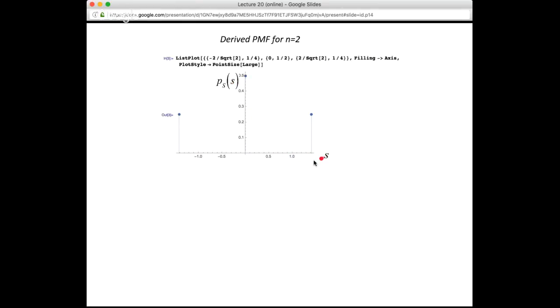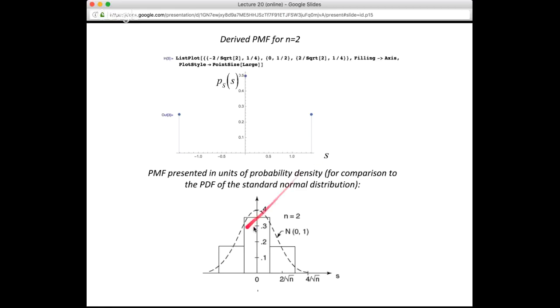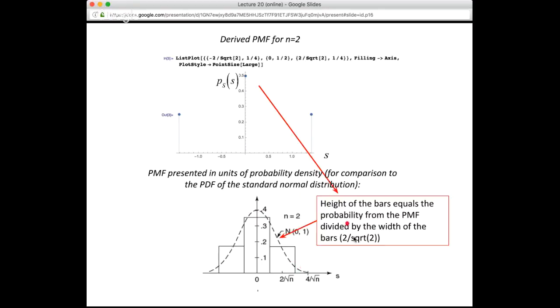independent random variable unit. And so in order to take this PMF and compare it directly to a standard normal PDF, which is done in this lower graph here, what we have to do is take these values of the probability and divide them by the width of the bars. In this case, it's just 2 over square root 2 because our choice of n is equal to 2.